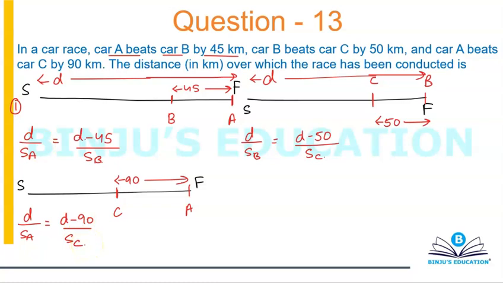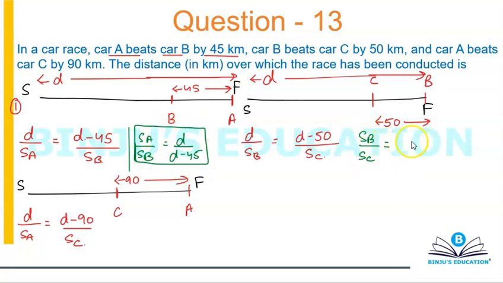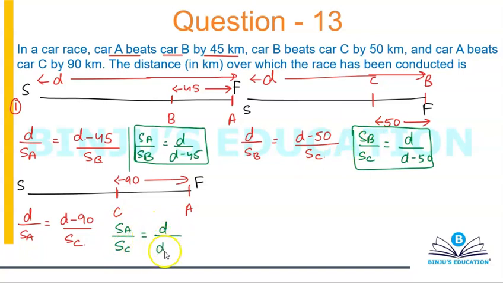Now from the first one, I can make a conclusion that SA divided by SB should be equal to D divided by (D minus 45). From the second one, I can conclude that SB divided by SC is D divided by (D minus 50). And from the third one, SA divided by SC is D divided by (D minus 90).